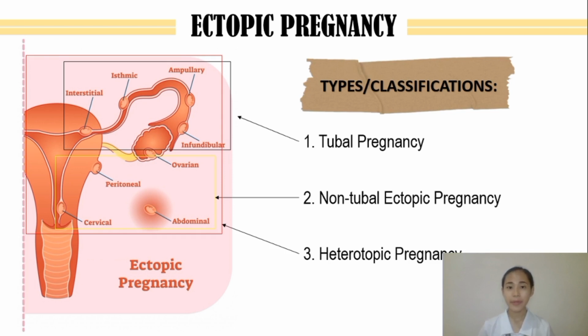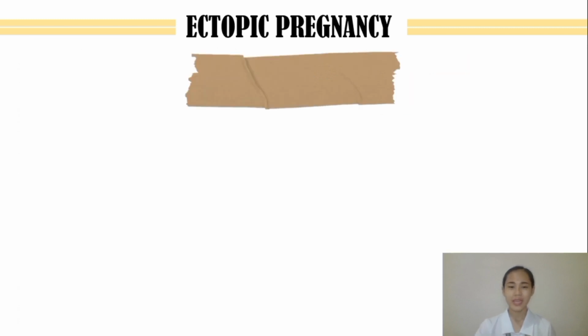This type of ectopic pregnancy is a very rare case because one zygote implants inside the uterus and the other implants outside the uterus.